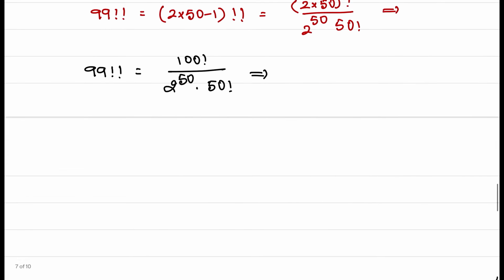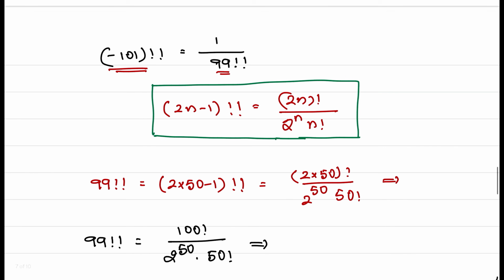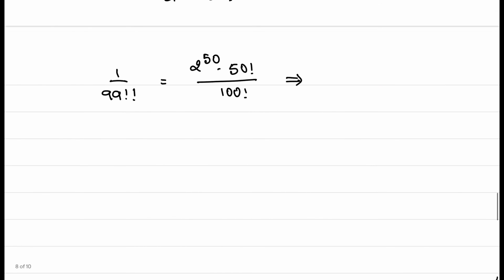That implies 1 by 99 double factorial is equal to 2 to the power of 50 into factorial 50 divided by factorial 100. That implies, what is minus 101 double factorial we wanted.